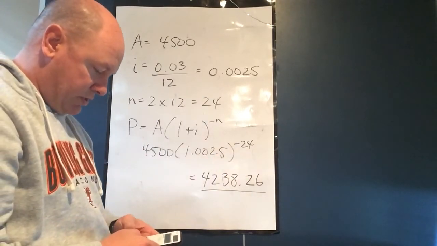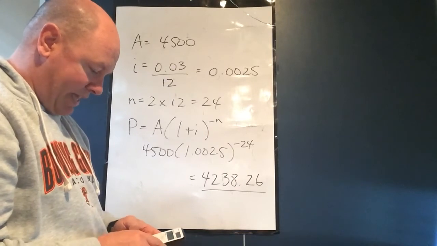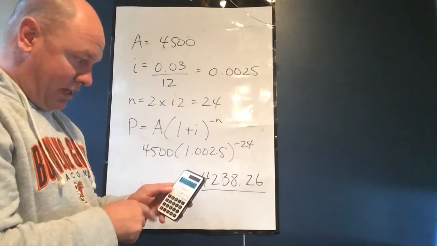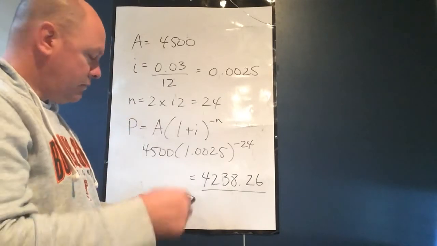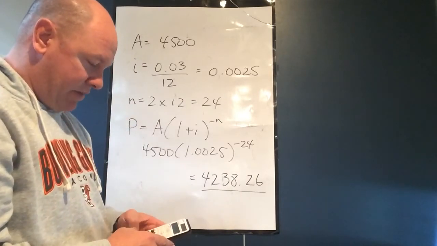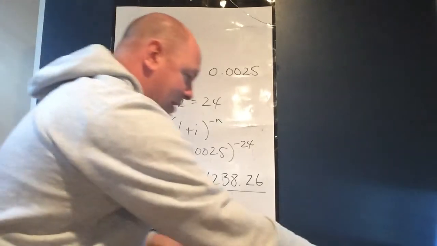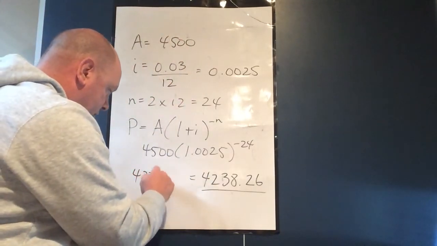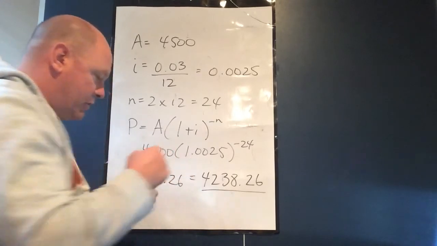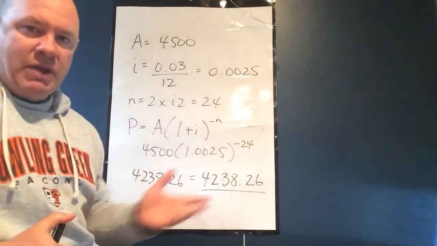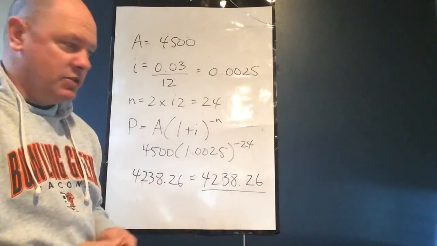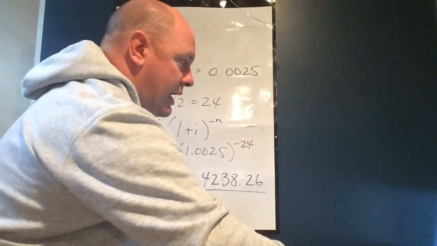So 1.0025 to the exponent negative 24 equals a decimal that is less than 1. Multiply that by 4,500 and you get the exact same answer, 4,238.26. So they both equal the same. Either method you choose is fine.